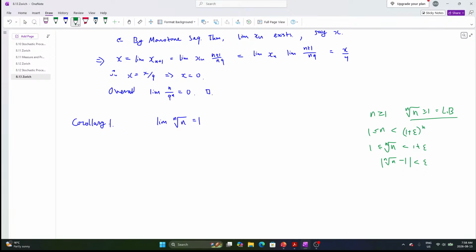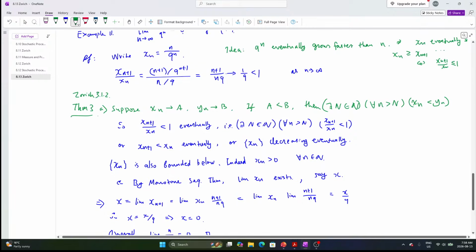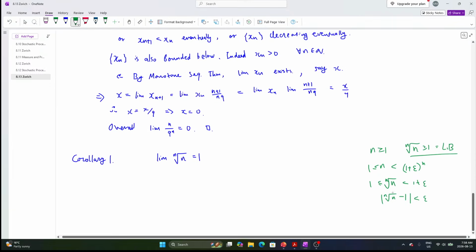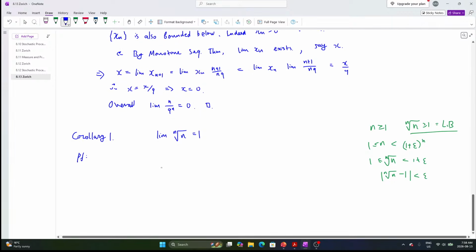I don't know why it's called a corollary. It's a weird choice, because if it's a corollary, it suggests it follows from the previous example or theorem, right? This just follows from the definition of convergence. So this is just an application of the definition. So let epsilon be greater than 0, just finishing that off real quick.